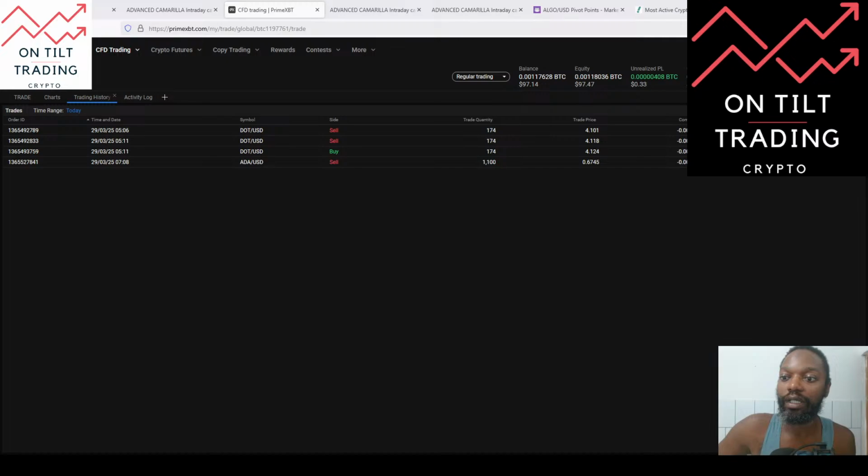So I took about a $4.50 loss on Polkadot just to get a better entry price. If I want to get a better price, I will enter the new position and then exit the old position immediately.